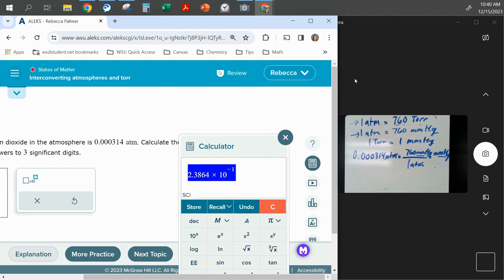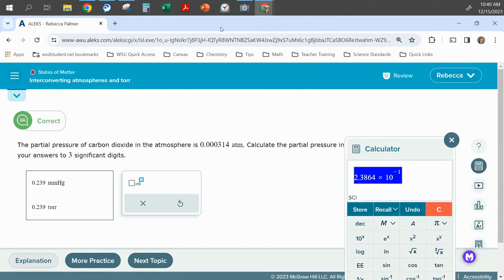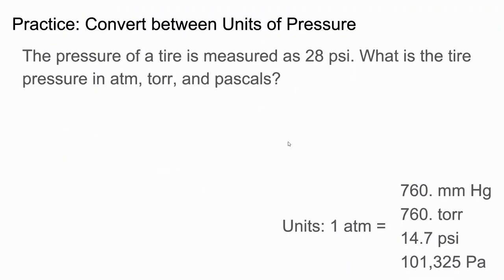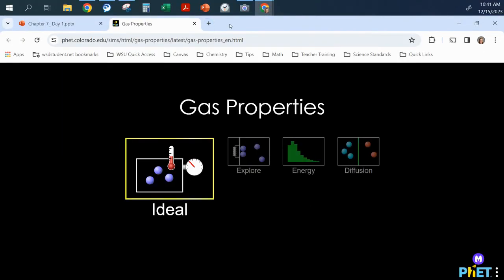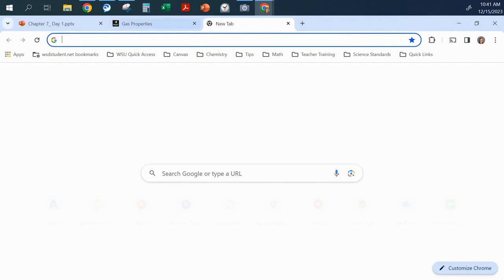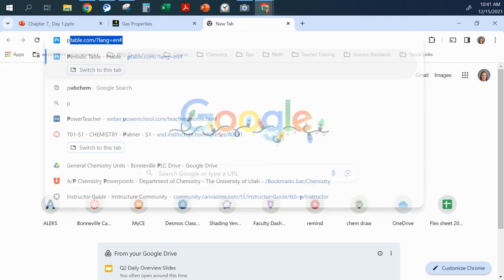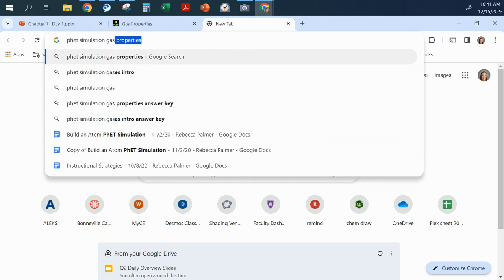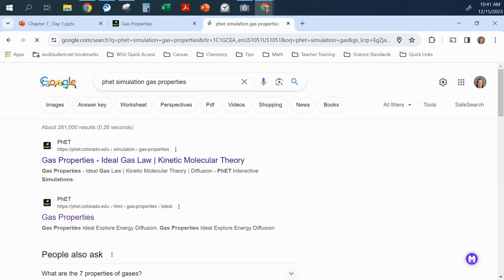Okay, all right. For a few minutes, I would like to play with a PhET lab. So the lab is linked in the slides. Or if you search PhET simulation, gas properties, that should pull it up.